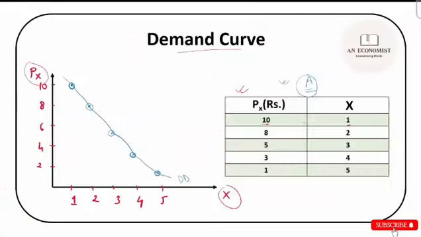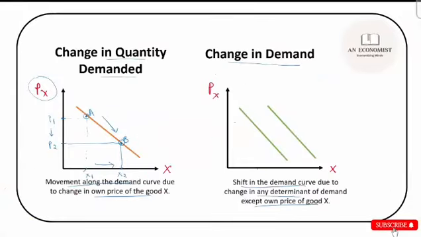If you change any of these 4 determinants, then at the same price level, say I am not changing the price level, it is constant at P bar, initially your demand was say x1.